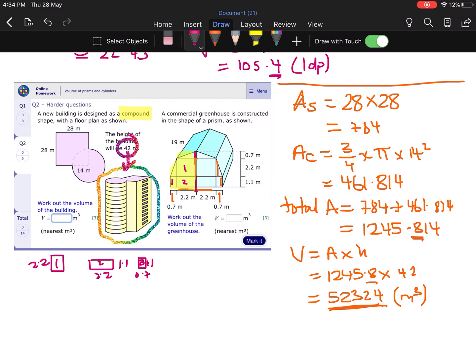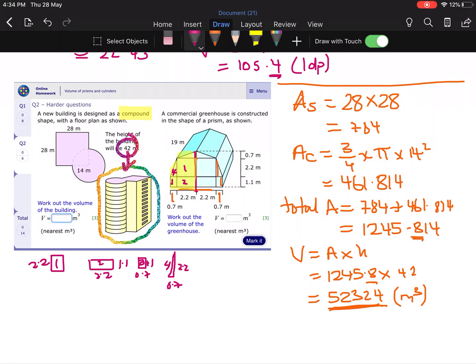And then I've got 2 triangles. I've got the longest looking one. Okay. And that's 0.7, and the height of that is 2.2. So I'm going to call that number 4.